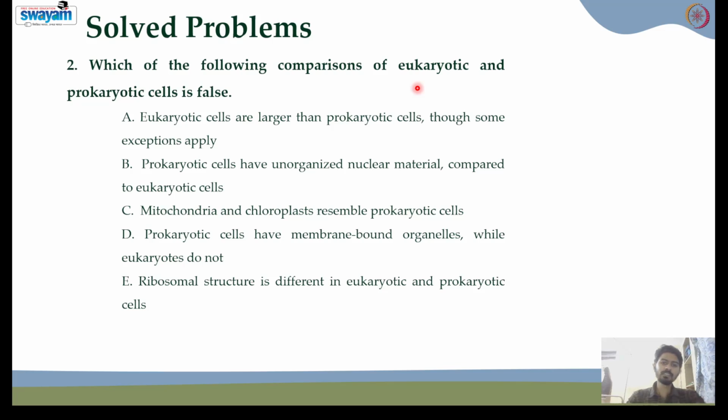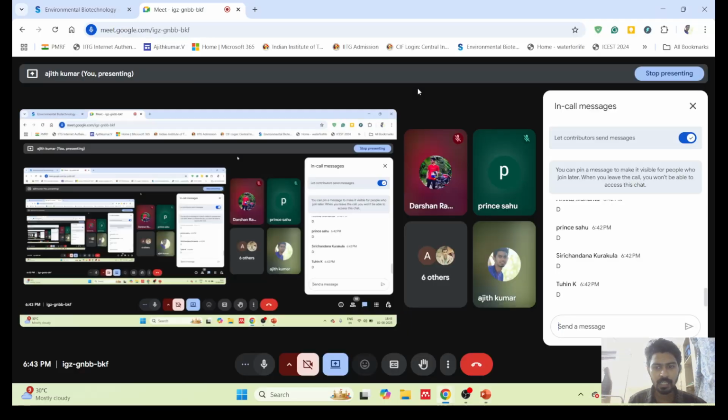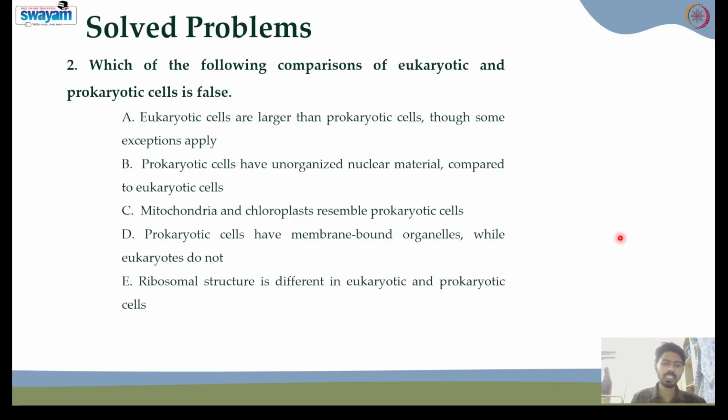So any answer? Which of the following comparison? Option D. Yes, option D, which is prokaryotic cells have membrane bound organelles while eukaryotes do not have. We will see one by one.